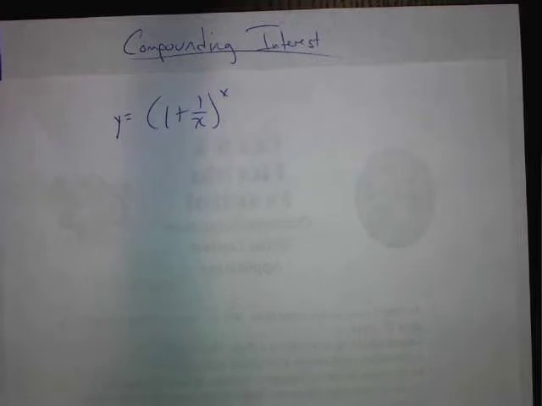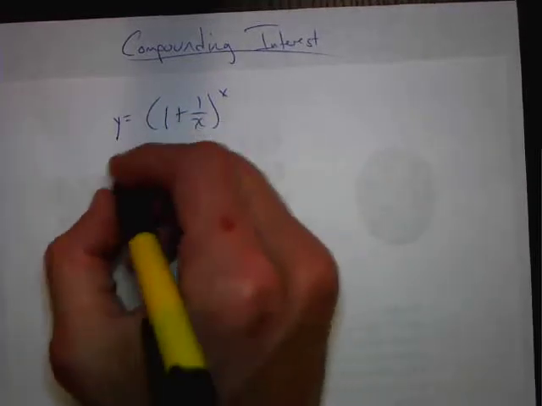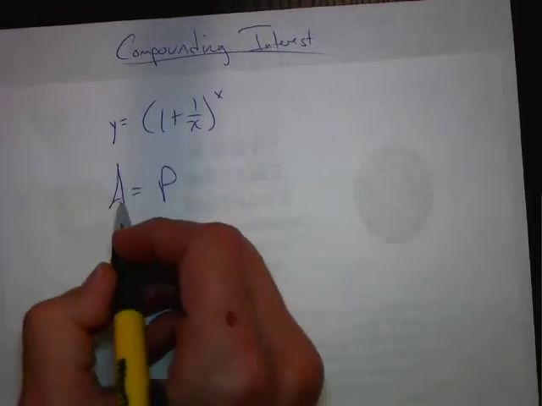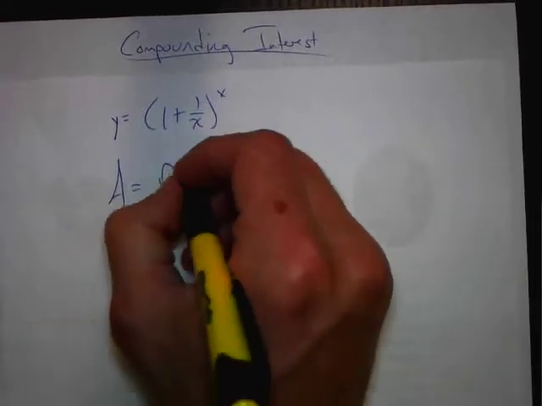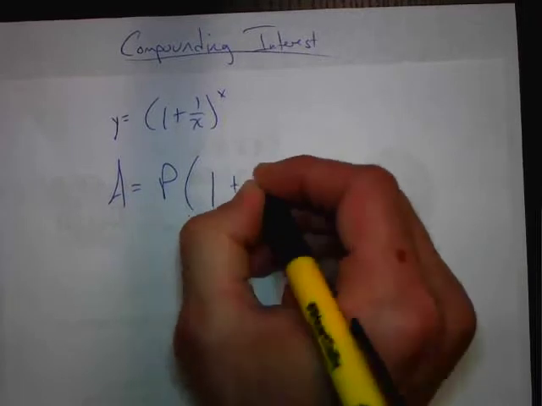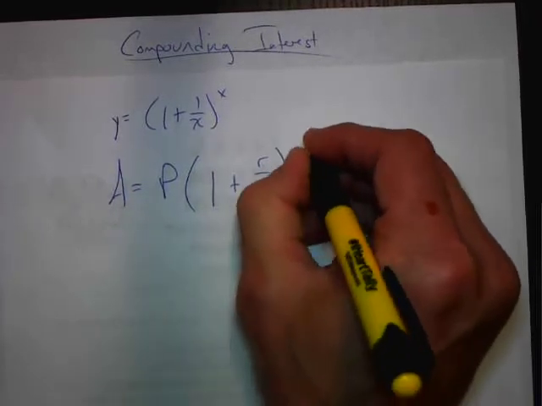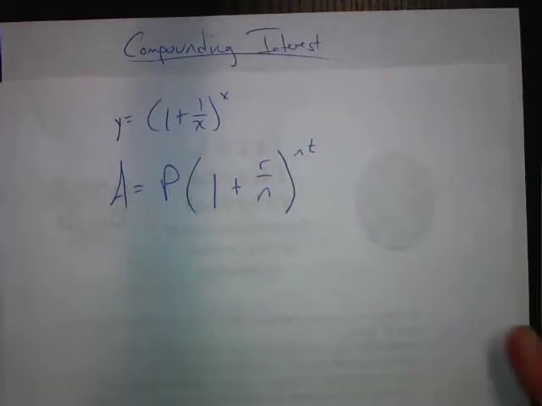Well, the formula for compounding interest is actually this. You have your total amount that you're going to get once you've invested a certain amount of principal, and it looks like this. That is the formula to figure out compound interest.